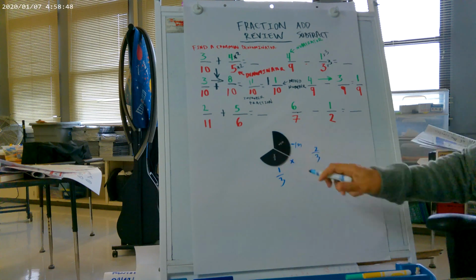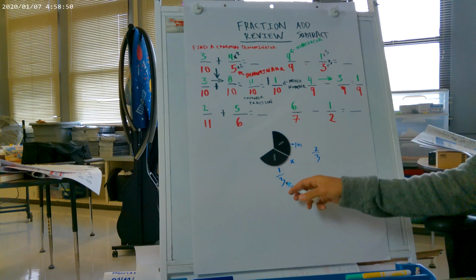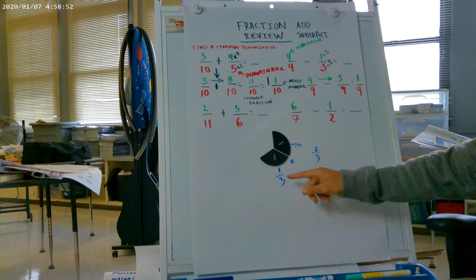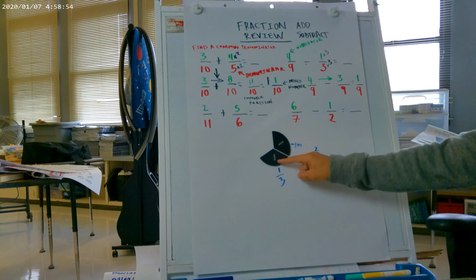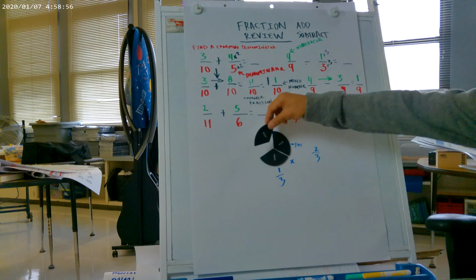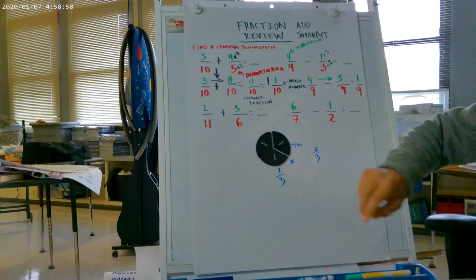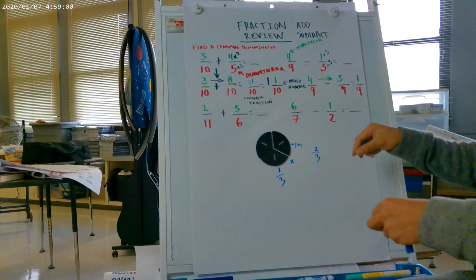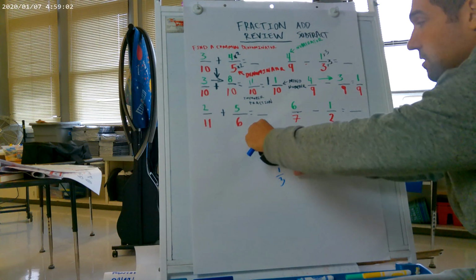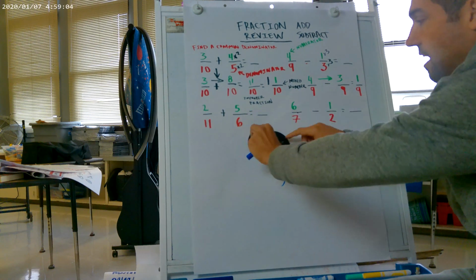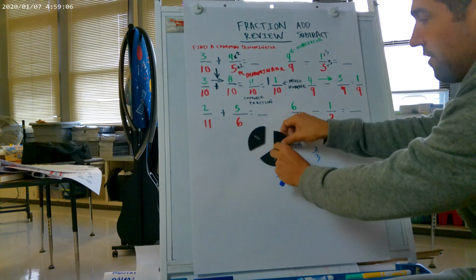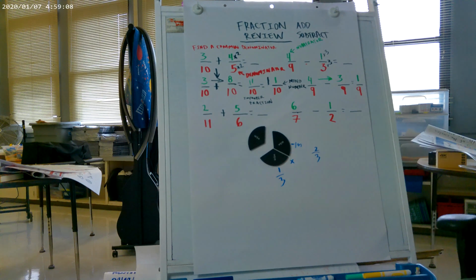That's how much we have here. The denominator doesn't change because these pieces are thirds. They never change. This is cut into 3 pieces. I can take one piece, pull it out, it's still 1/3, and I have 2/3 over here, okay?